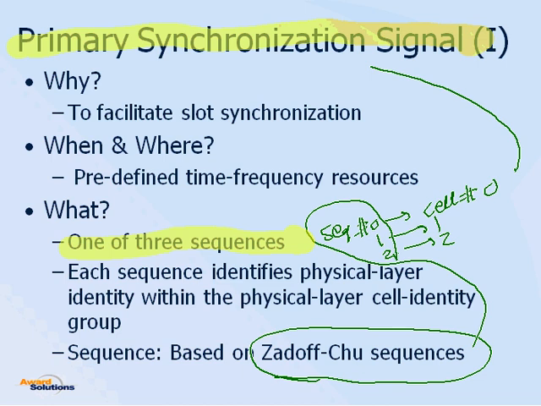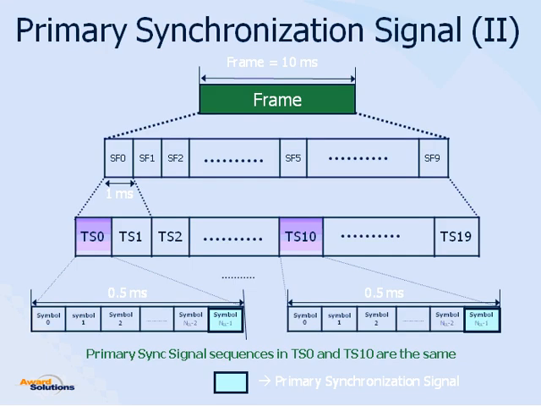Then the UE knows that it is in a cell that is sending sequence number 2, meaning cell number 2 within some group. We do not know the group number yet, but we know the cell number within that group. As the UE, you know the sequence you are trying to match. But the question is, where is this signal? At what time will you find it? On which subcarrier will you find it? So let's take a look at that.